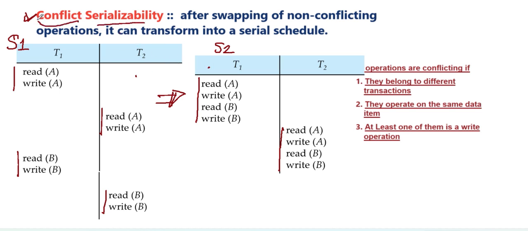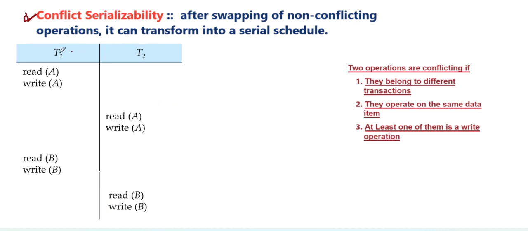And the serializability that we are going to study is conflict serializability. Here we are swapping non-conflicting instructions. If you are able to swap non-conflicting instructions and convert a concurrent schedule into a serial schedule, then we call it conflict serializability. With this example we are now going to study it.